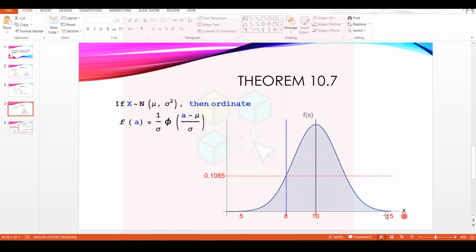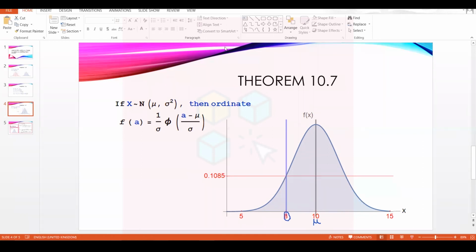X is the scale. In the center, mu is equal to 10 is given. So this is our mu. And the specific point, for example, is 8. We can find the height of the curve.